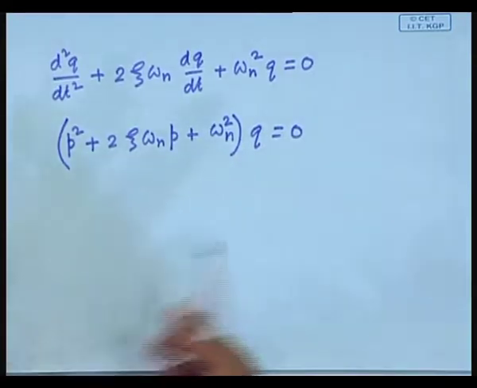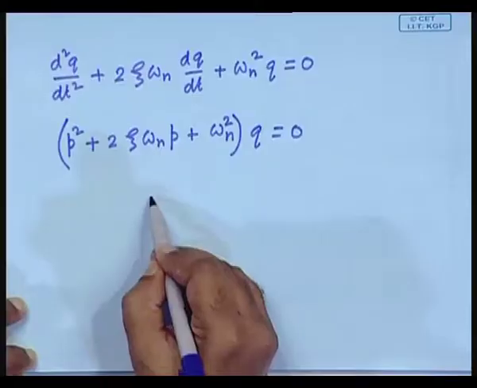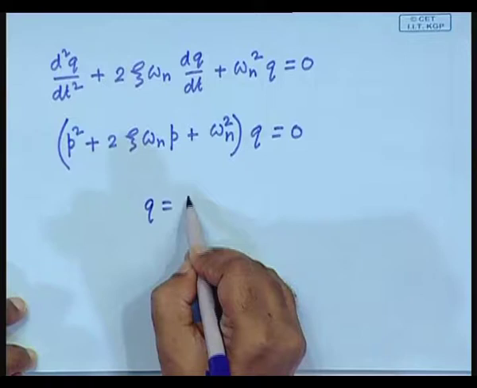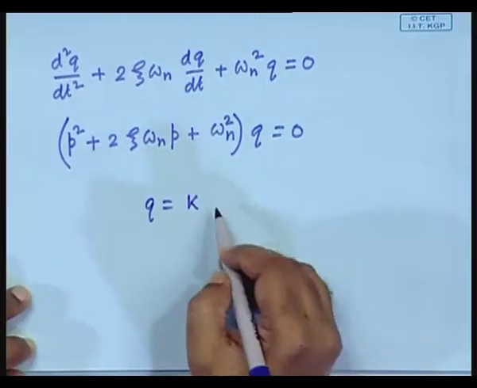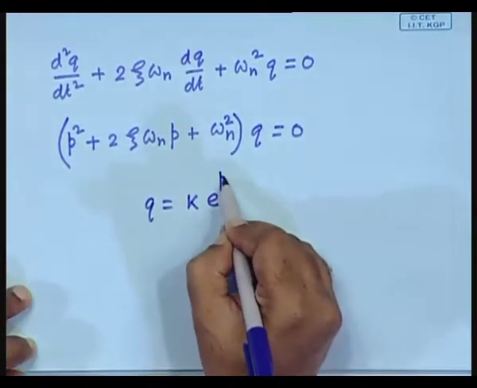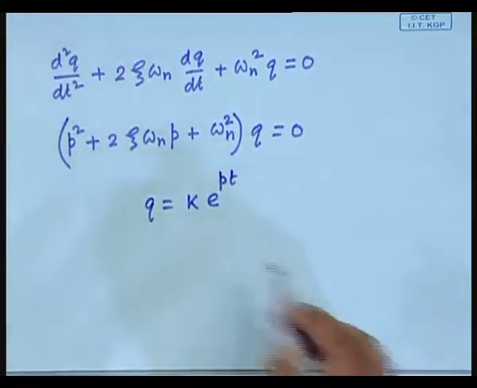And what is the function that you know which has this property, that its derivative and double derivative have the same form? It is the exponential. So in general the solution would be some number times e to the power of some kind of exponential.